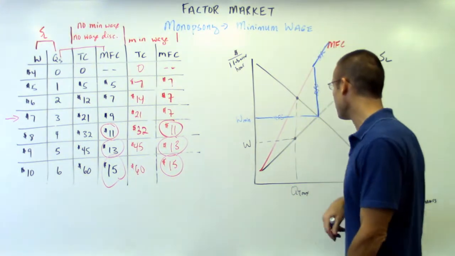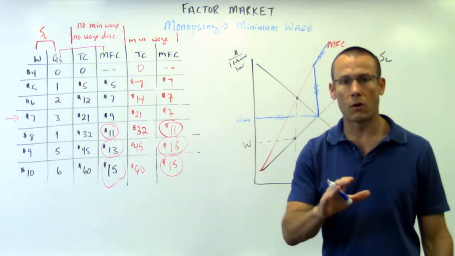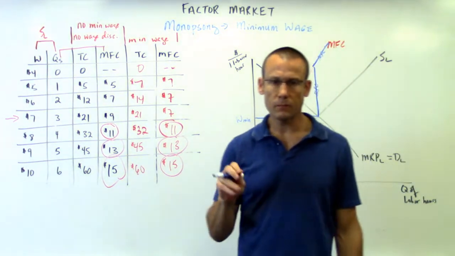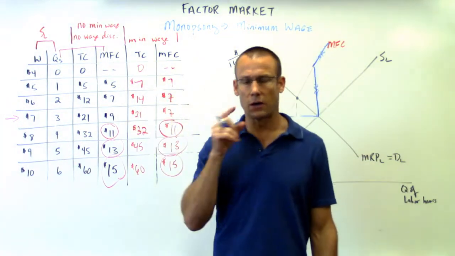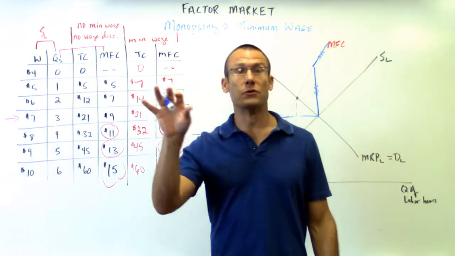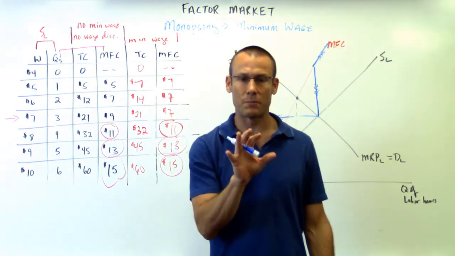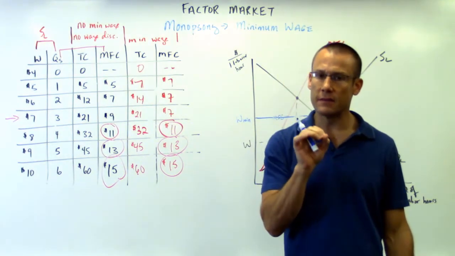So what does this mean? How many people are we going to hire? Are we going to hire more or less? Now, if you've done a minimum wage problem in your past, you probably assumed perfect competition in that labor market.